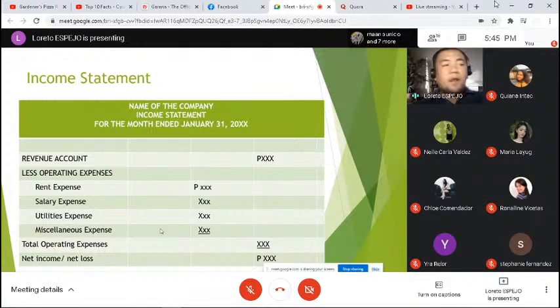For higher accounting, of course, there are also other incomes and taxes. Especially sa corporations. Normally sa corporation, net income would be net income before tax and then ibabawas yung tax and then net income after tax. But all the while, the formula will always be revenue less expenses. Kinita mo, ibawas mo lahat ng ginastos mo. Okay?